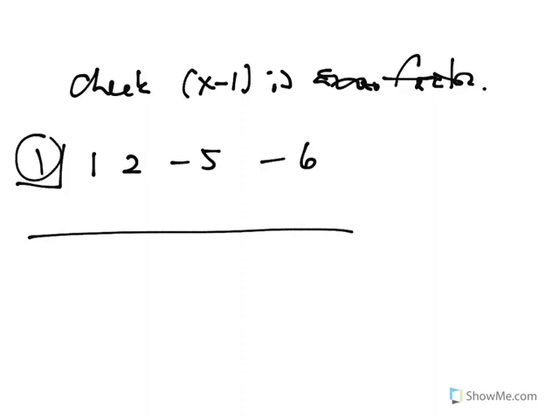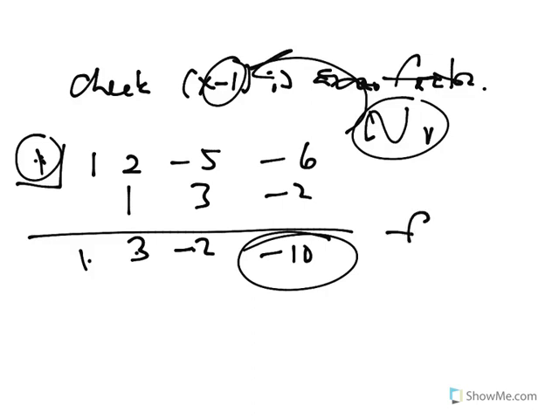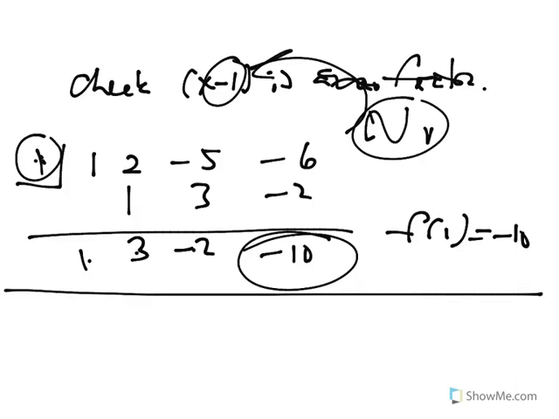See, I'm putting a positive 1 here, the opposite of this. 1 times 1 is 1. Add them to get 3. 1 times 3 is 3. Add them to get negative 2. 1 times negative 2 is negative 2. Get negative 10. A couple of things happen. The fact that this is not 0 means the answer is no, this is not a factor. It also means that f of 1 is equal to negative 10, which might or might not be useful.